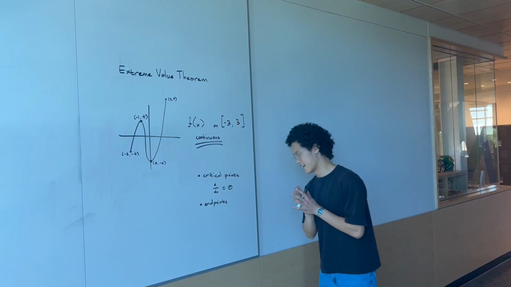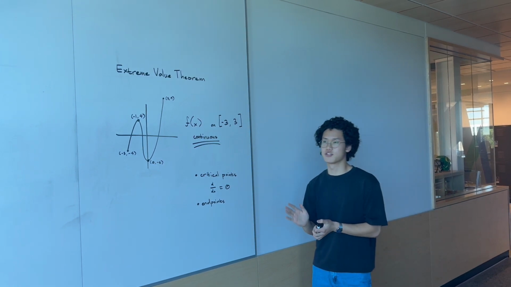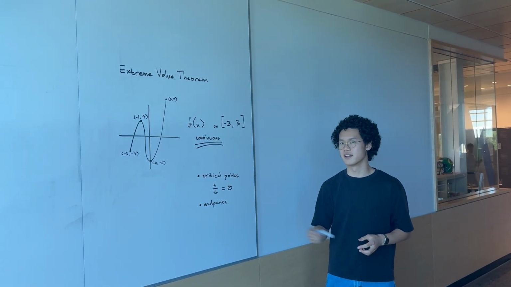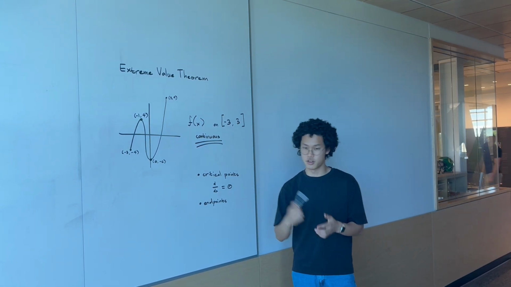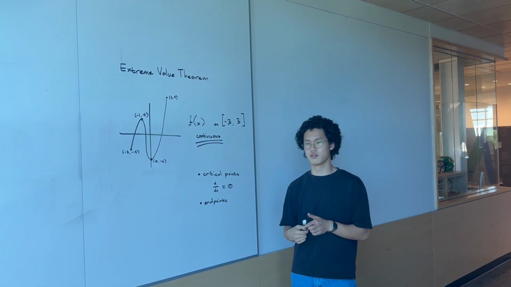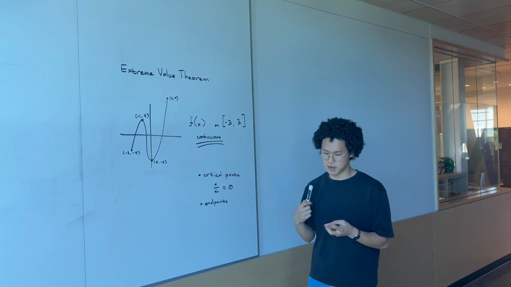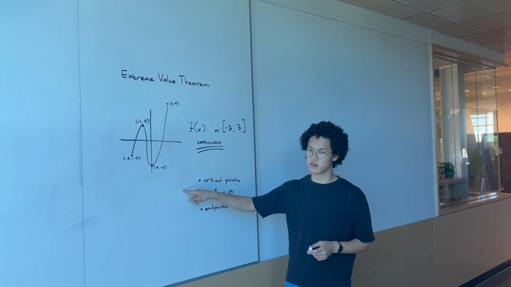That is the pretty basic definition of the actual theorem, but the way that you can implement this is in finding, if you're given, let's say, a quadratic or any sort of function and you're told to find the absolute maximum and minimum points, you can use this theorem to do that.